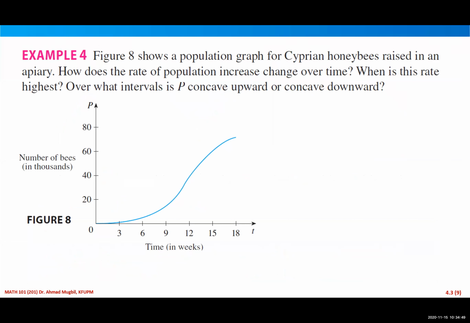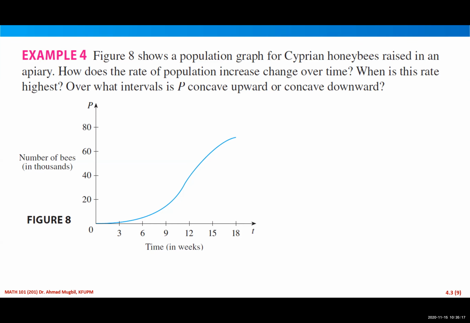Now, this is an interesting example as an application, I think from biology, about these ideas. Here, this figure is showing a number of bees. He is asking how the rate of population change behaves, where it is maximum, and where it is concave up and down.